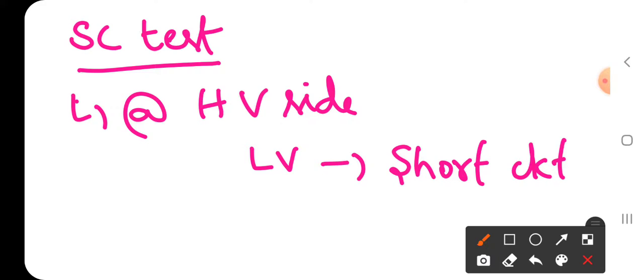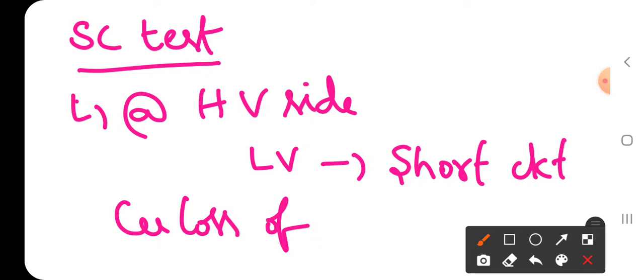This test is conducted to find out the copper loss of the transformer at full load condition.